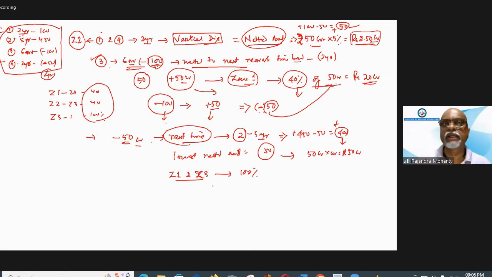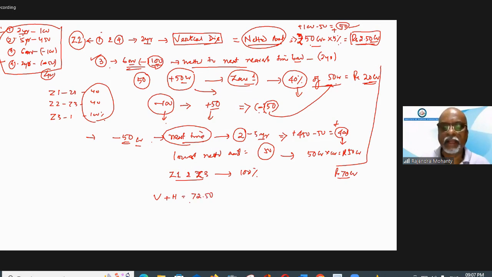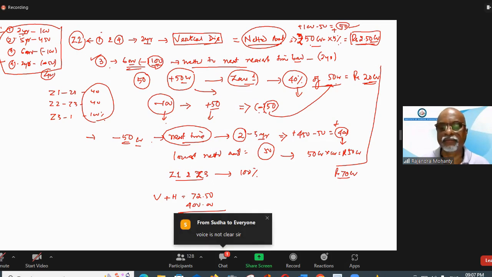The total horizontal disallowance now comes to 20 plus 50, that is 70 crore. And vertical disallowance is 2.50. So vertical plus horizontal disallowance required is 72.50, and already capital 400. So the total amount of capital required is 472.50.